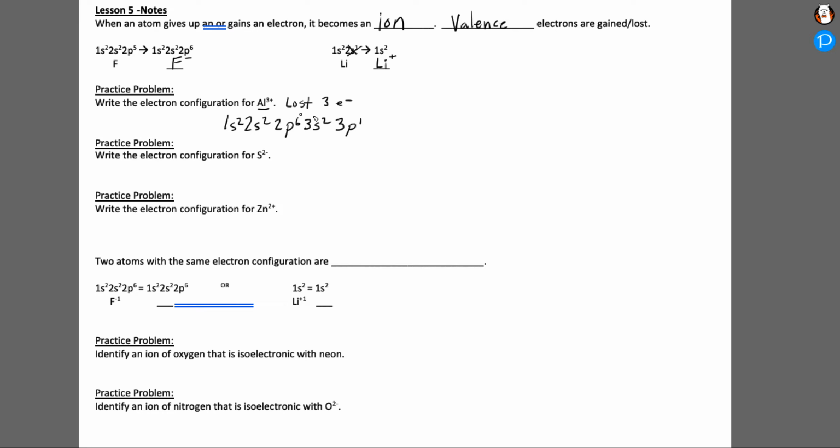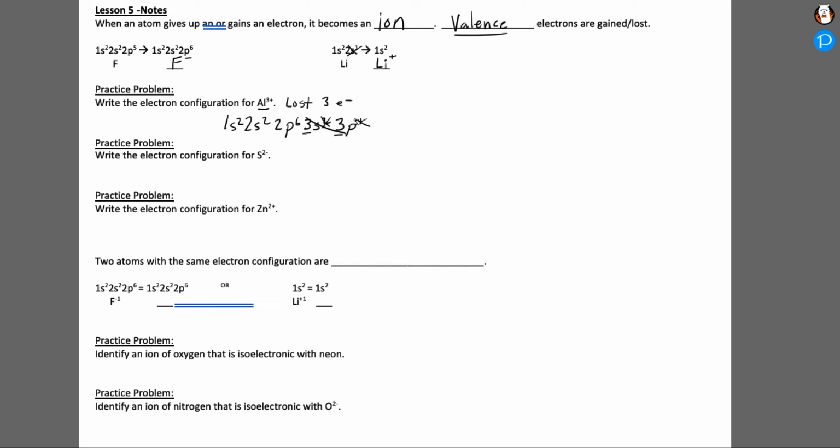Remember, the electrons that they lose or gain are coming from the valence shell. So I can't just take electrons out of any energy level here. It has to be out of the valence shell. The valence shell is the last energy level, so my last energy level is the 3rd energy level. So 1 electron out of that p sublevel, and then these 2 electrons, that's a total of 3.